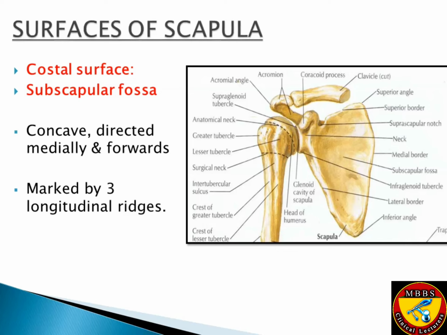Now, the scapula has two surfaces. It has an anterior surface and a posterior surface. The anterior surface is towards the rib cage, so it is also called the costal surface.